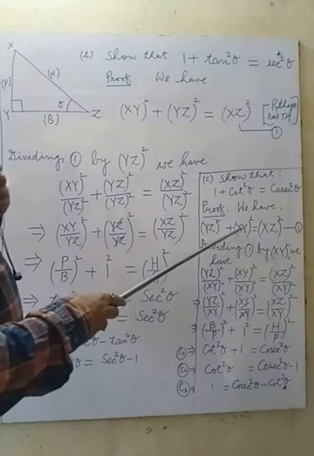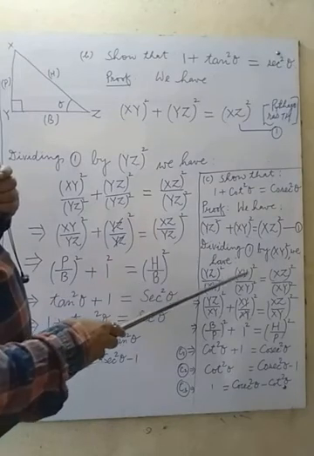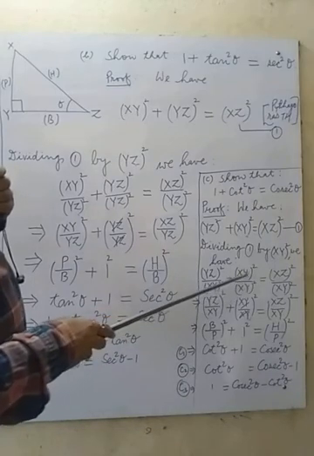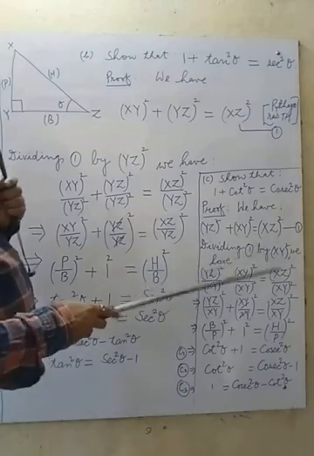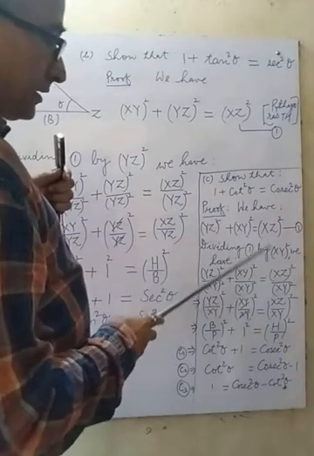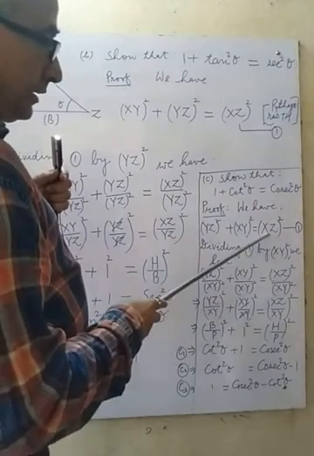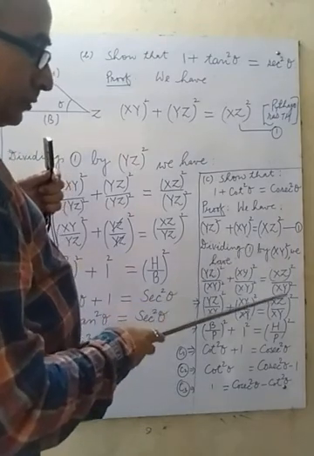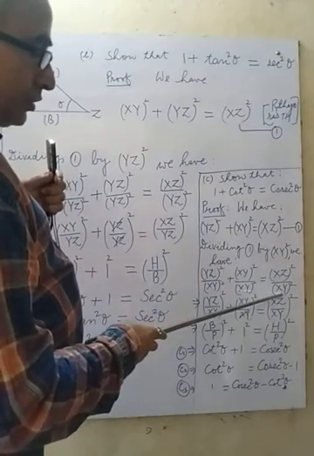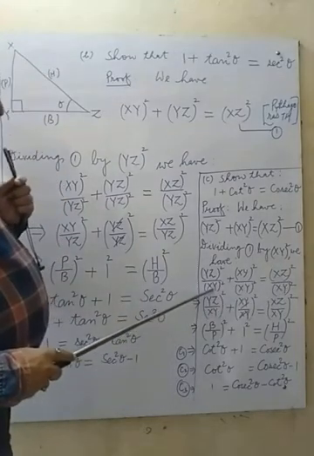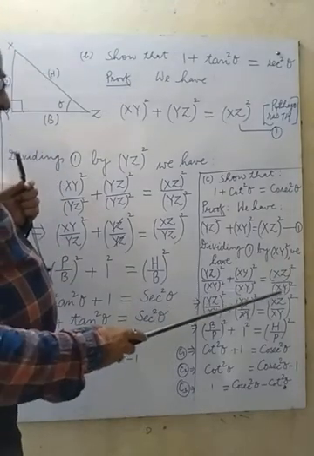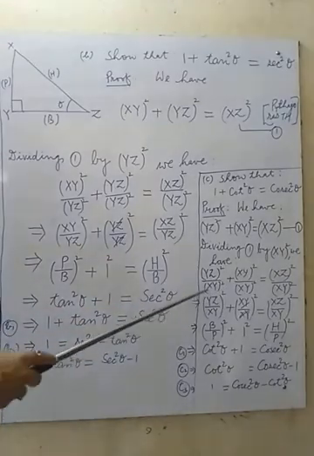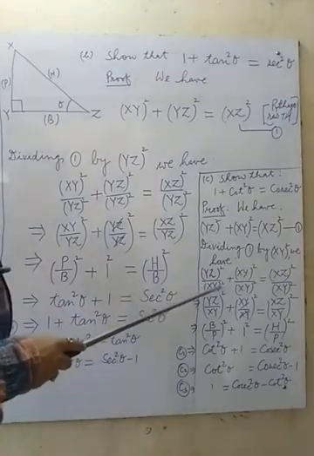Again the second one is xy whole square, noted down and also divided by xy whole square. The equal mark is noted down as equal mark. Then xz whole square, and this will also be divided by xy whole square. Both left hand side and right hand side are divided by xy whole square.